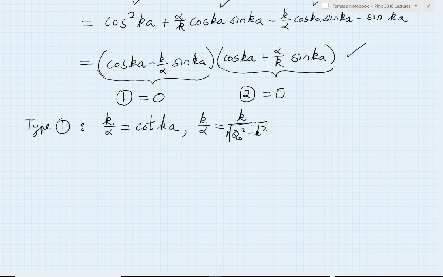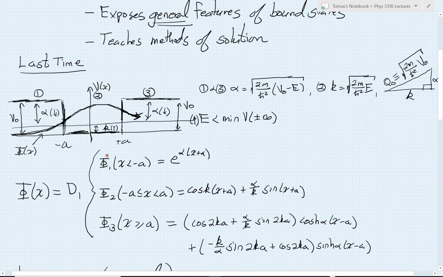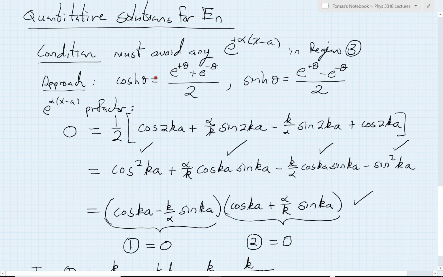Once I solve it, that gives me k. That doesn't necessarily tell me what the energy is. But once I have k, it's a very short hop, skip, and a jump to find the energy, because to get the energy from k, I have this handy relationship. If I square both sides, k squared, and move the constants over, h bar squared times k squared over 2m gives me my energy.